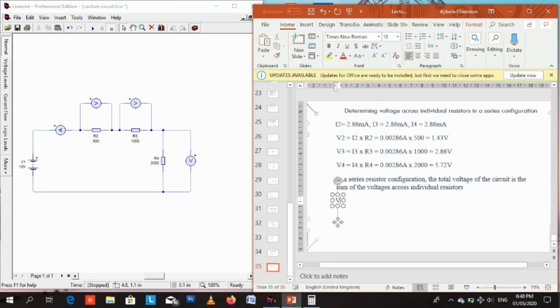So VT is the total voltage, or we can call it V1. Let's stick to VT. VT equals V2 plus V3 plus V4.